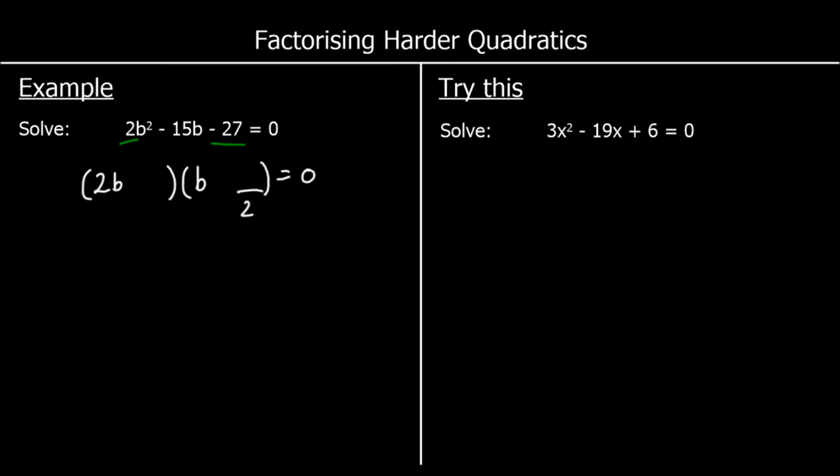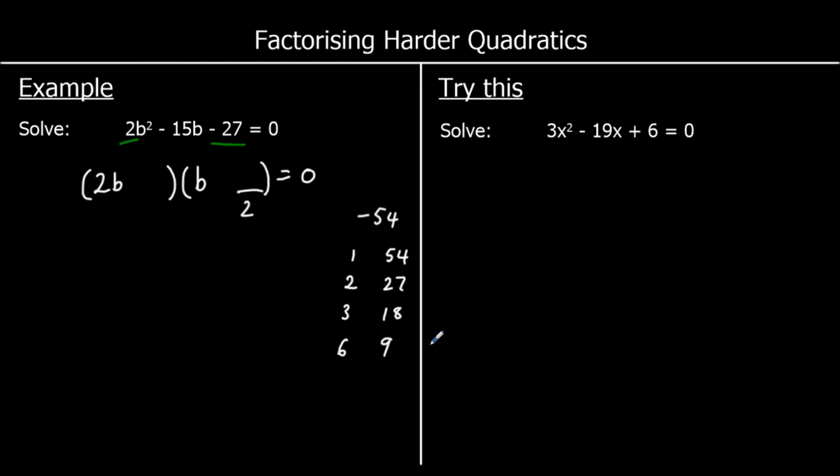So 2 negative 27s is negative 54. What multiplies to make 54? We can have 1 54, 2 27s, 3 18s. It's not in the 4 times table or the 5 times table, but it's 6 9s.